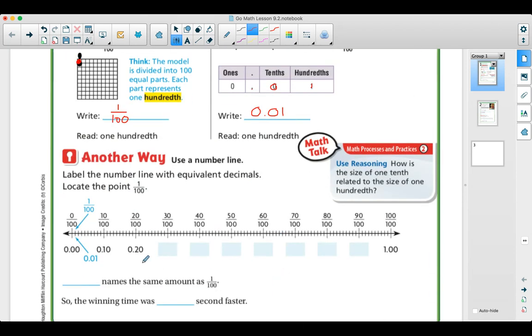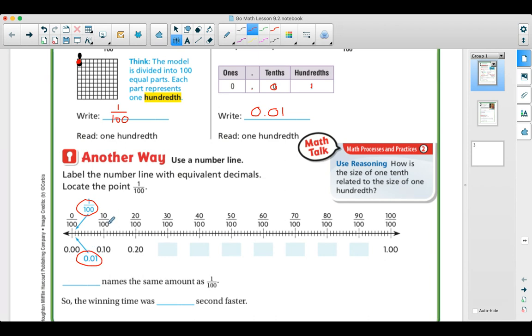Okay. Another way: use a number line. Label the number line with equivalent decimals. Locate the point 1/100th. Here's a number line, and it's split up into hundredths. Okay, so to begin with, this is 0/100th. This is 1/100th written as a fraction, and this is 1/100th written as a decimal.